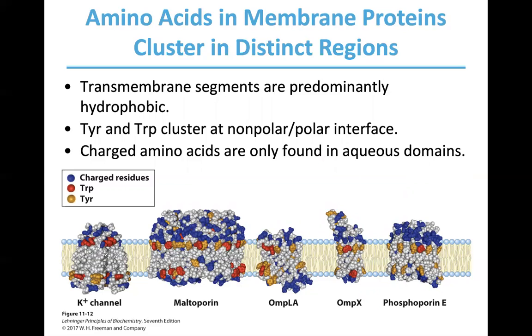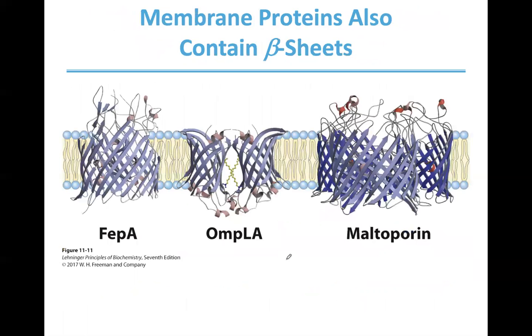Lots of these proteins which span the cell membrane similarly have hydrophobic amino acids in the region that spans the membrane. And not all of these are alpha helical. Some of these contain beta sheets. You can see those, right?